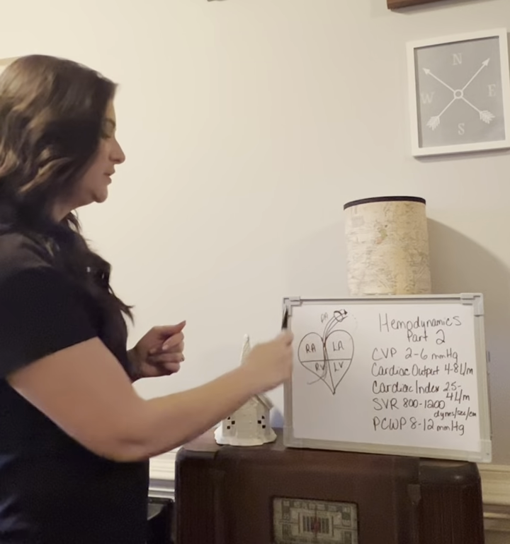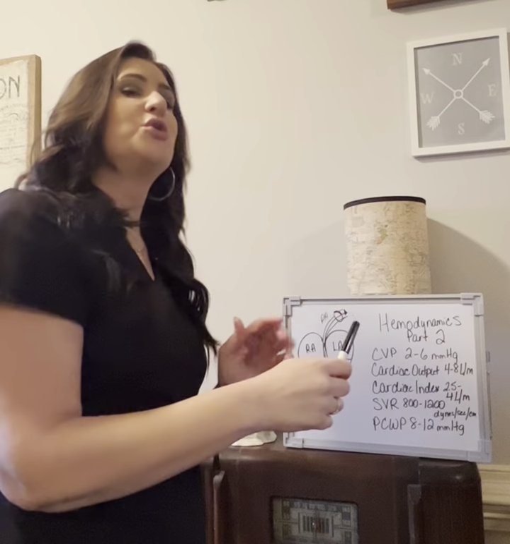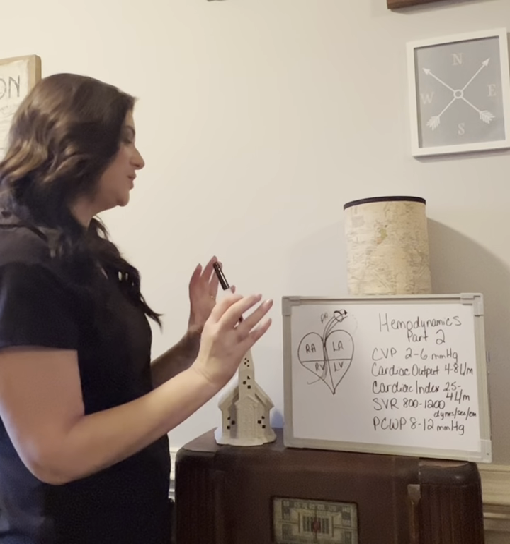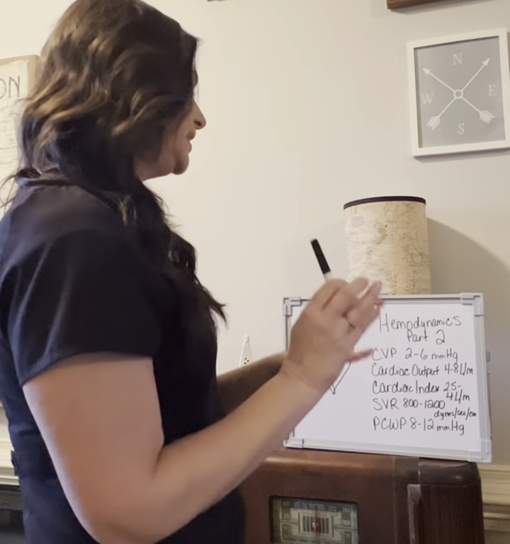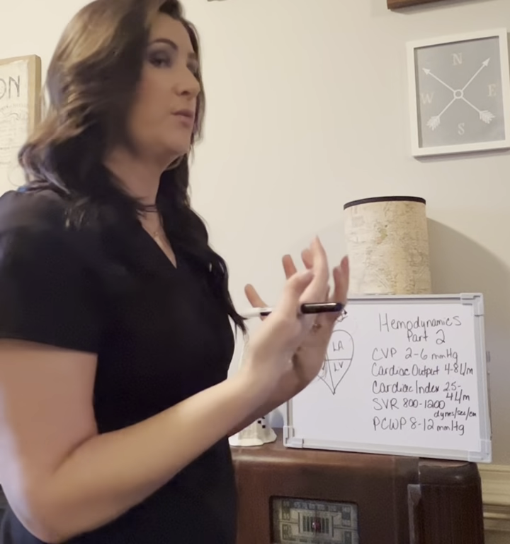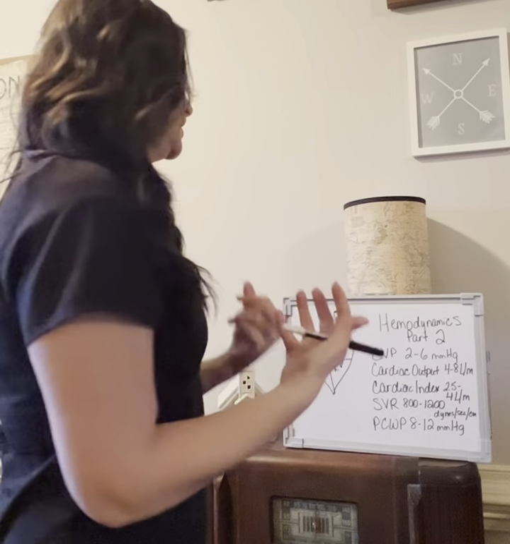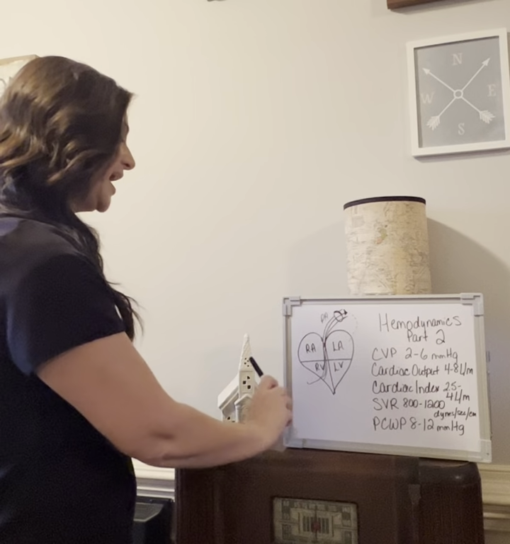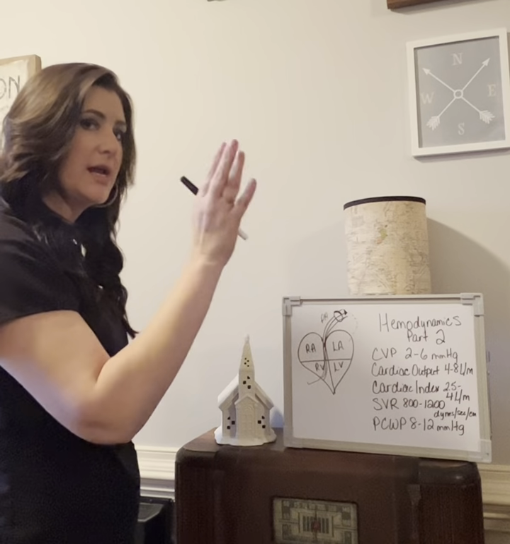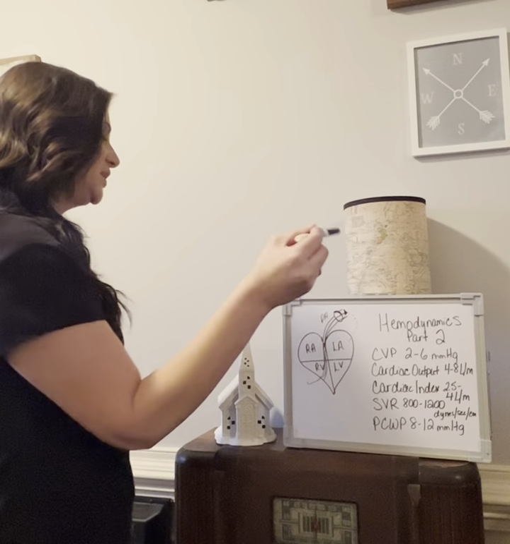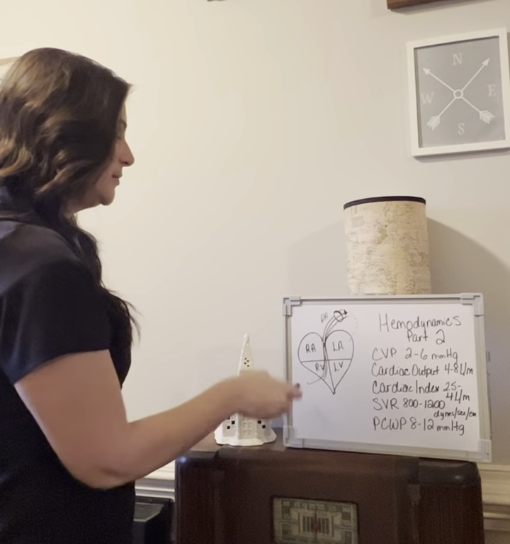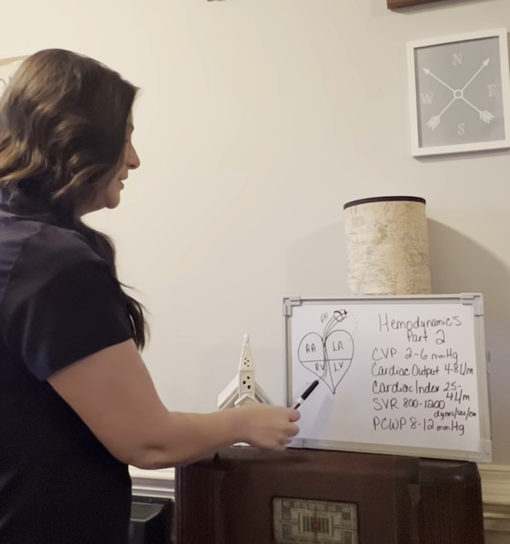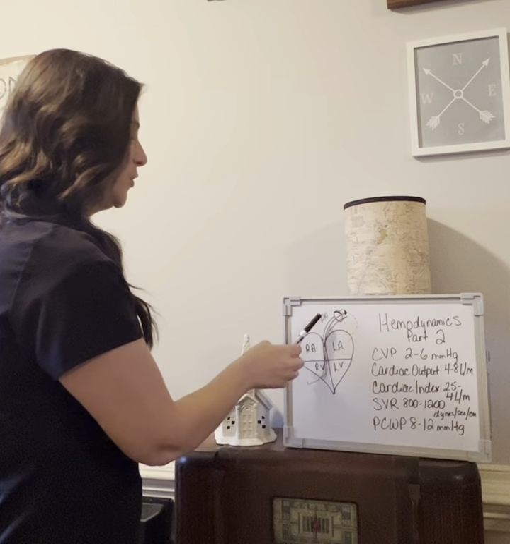So I have a very poorly drawn heart for you guys to show you how we get our pulmonary capillary wedge pressure reading. So we have a heart, we have the pulmonary artery catheter. And this is threaded down through the right atrium and the right ventricle, and then floated up through the pulmonary artery.